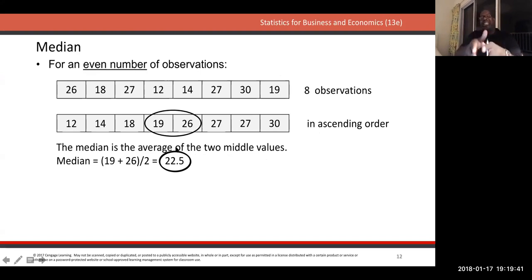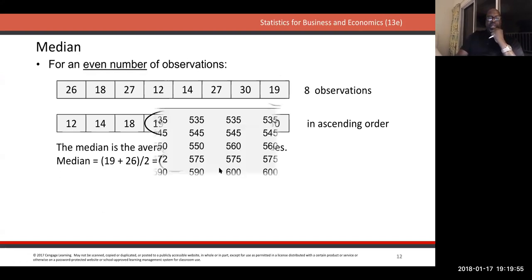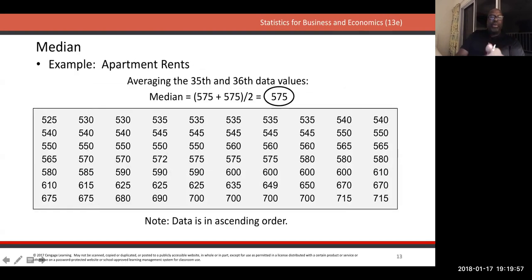So in this case, we are placing a value in the middle and saying, okay, we'll use that as our median, and then 50% of the values will be above that, 50% of them will be below that value right there. So that's your median. Since we have 70 numbers in this example, where we're looking at rents, that's an even number. So we will be looking for the average of the two middle numbers.